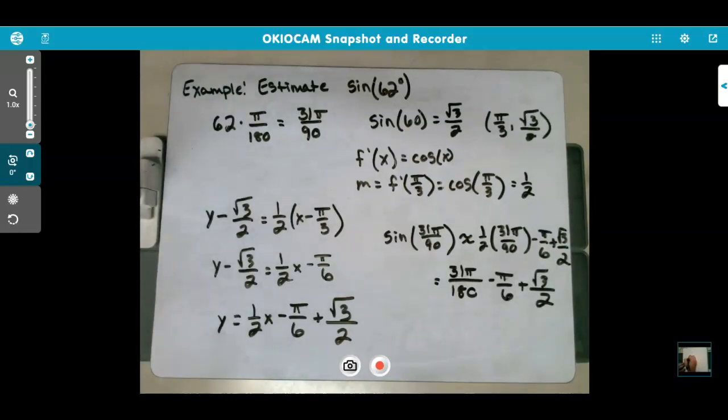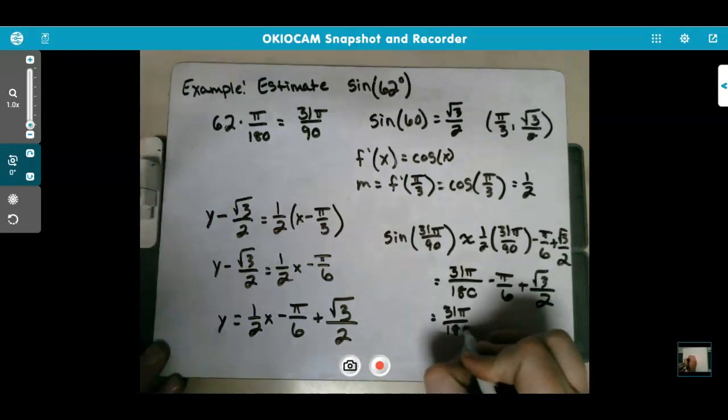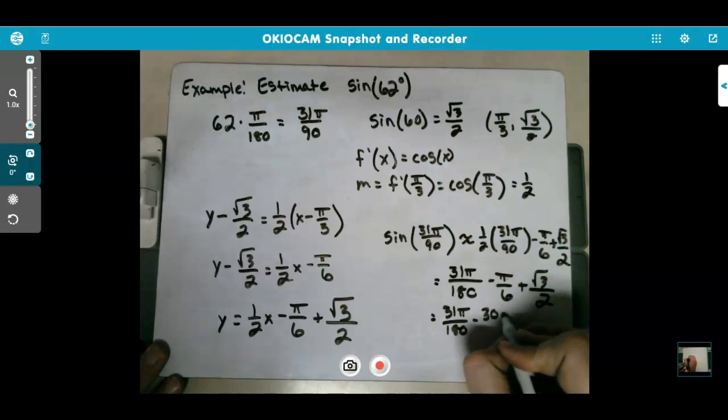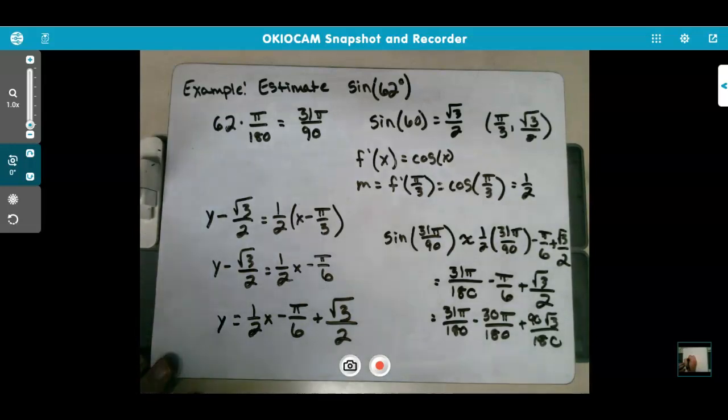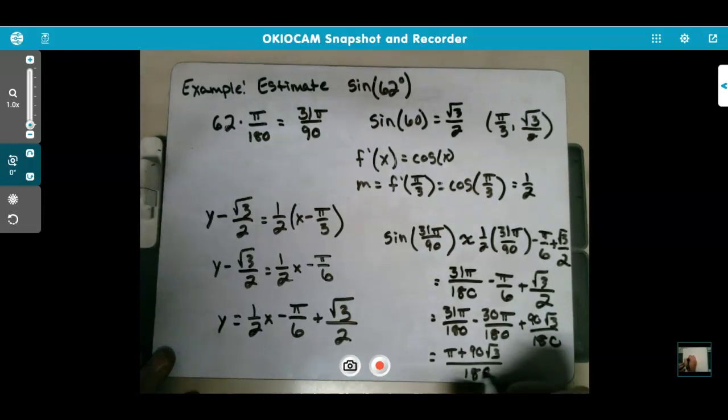You can get a common denominator, so we could do 31 pi over 180. To get to 180, I would need to multiply by 30. And then to get to 180 here, I need to multiply that by 90. 31 pi minus 30 pi is 1 pi, so we get pi plus 90 square root of 3 over 180 is about right.